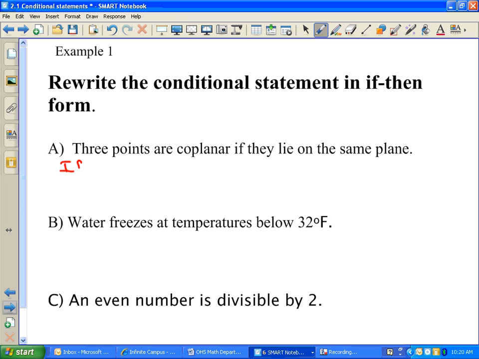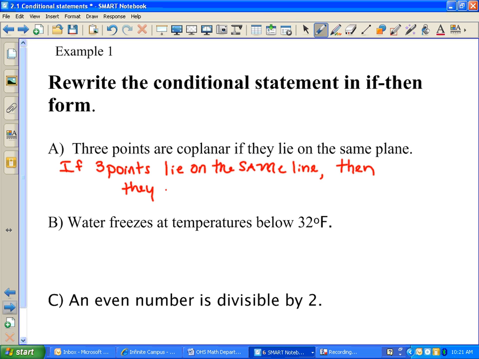What's they? Do we know what they are? So, if three points lie on the same line, comma, then what?